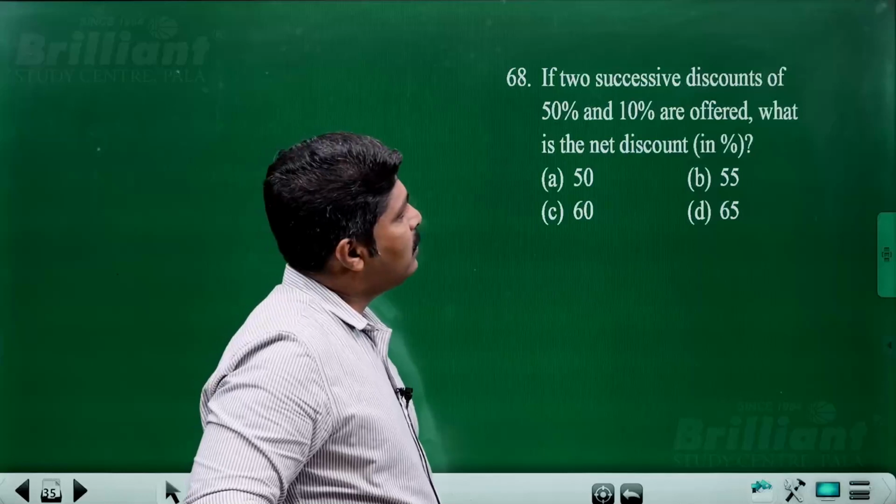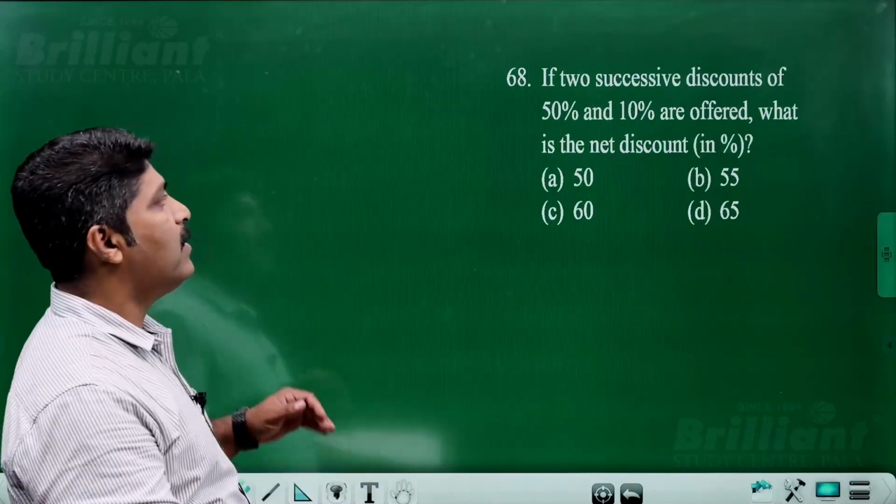If 2 successive discounts of 50% and 10% are offered, then what is the net discount?